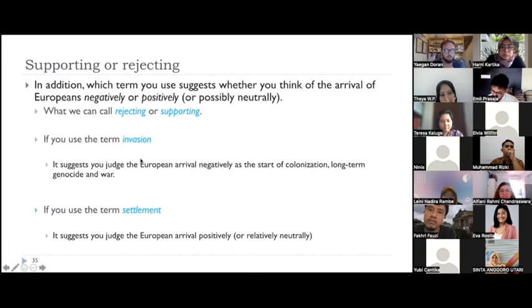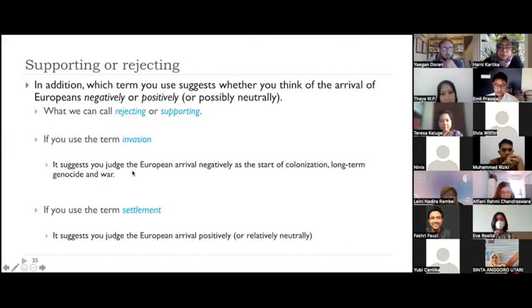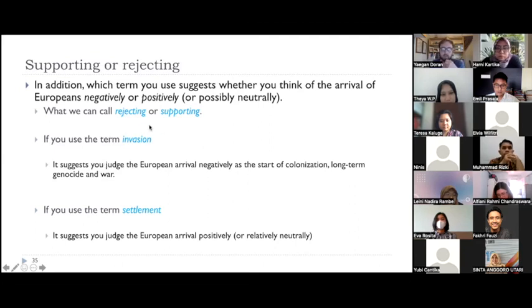If you use the term invasion, it sets up a stance that you are evaluating the arrival of Europeans negatively. You are judging it negatively as the start of colonization, the start of likely long-term genocide of the first peoples of Australia, the start of 150 to 200 years of war with those various nations. It's a negative judgment here.